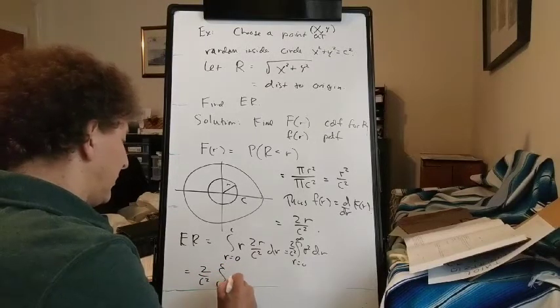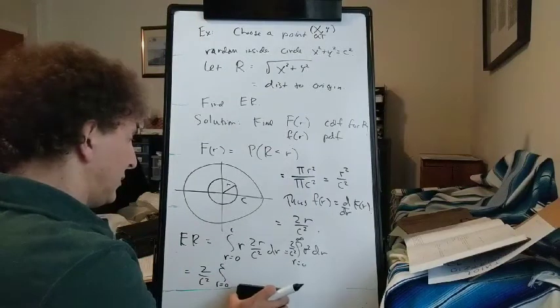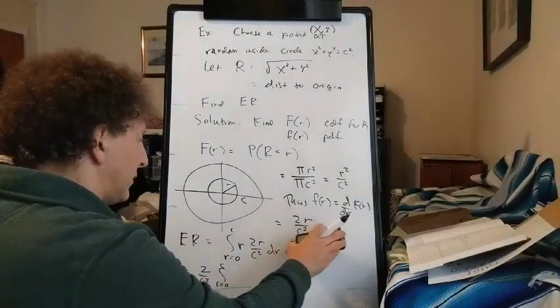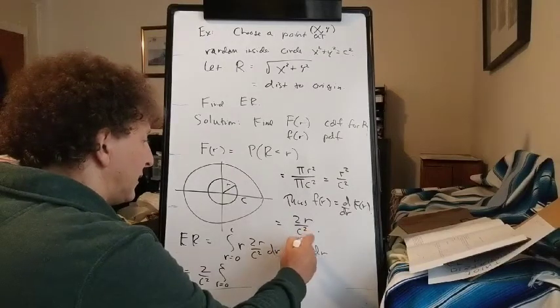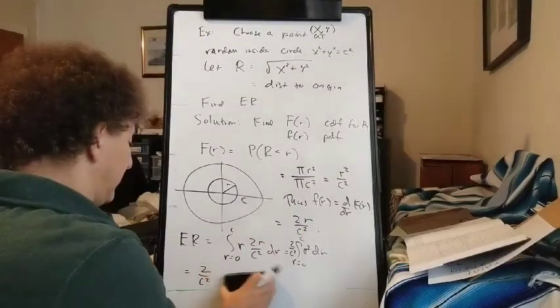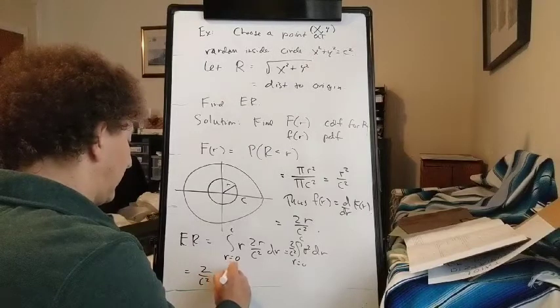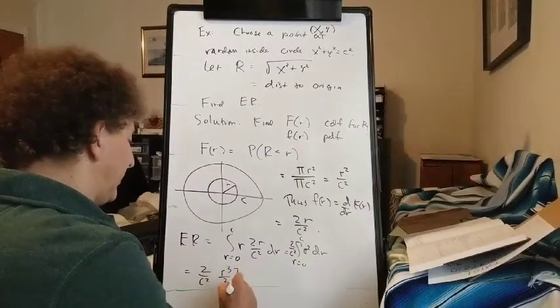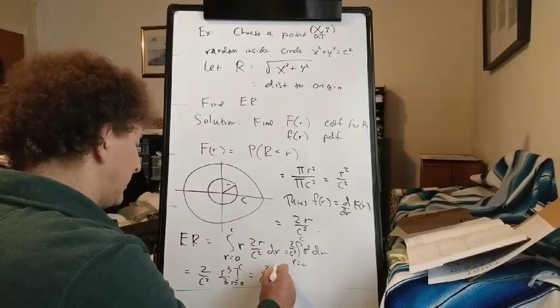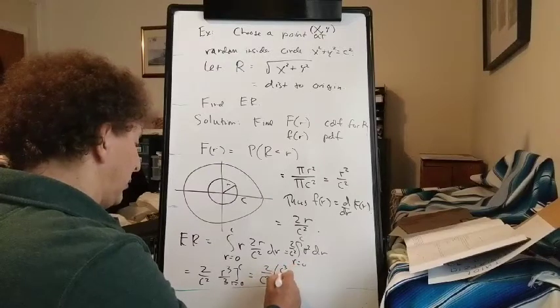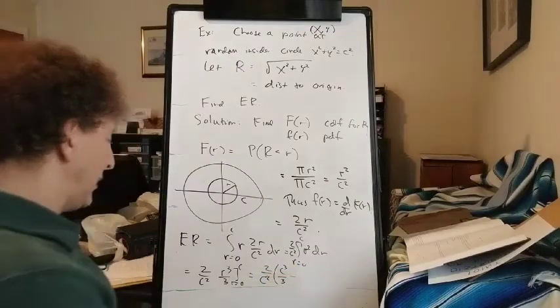of r squared, this is c, and that is r cubed over 3 evaluated from 0 to c. So we've got 2 over c squared, c cubed over 3 minus 0 over 3.